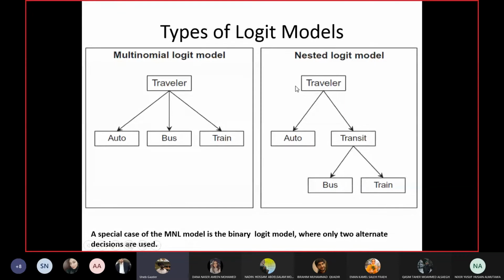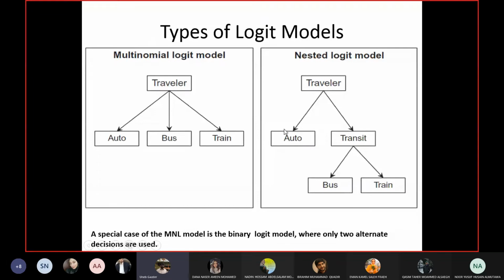You can have a nested logit model as well. A nested logit model is a type of multinomial model, but where you group the choices together with respect to their type.